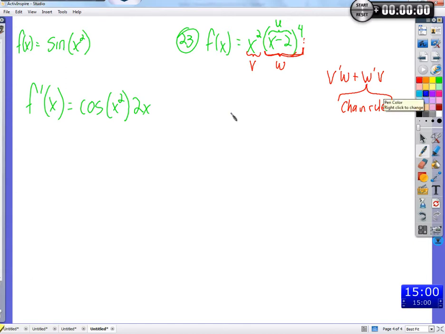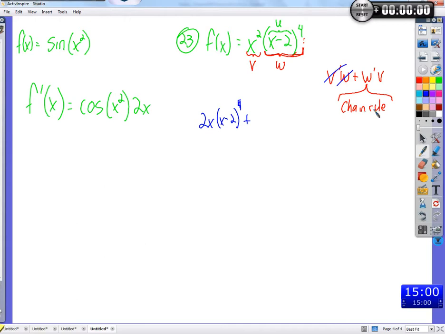So v prime would be the derivative of v, which is x squared. That's 2x. That part's done. Times w, which is x minus 2 to the fourth. We cleared that up. That part's done. Plus we go to take w prime, and hey, that's the thing we need to use the chain rule on.